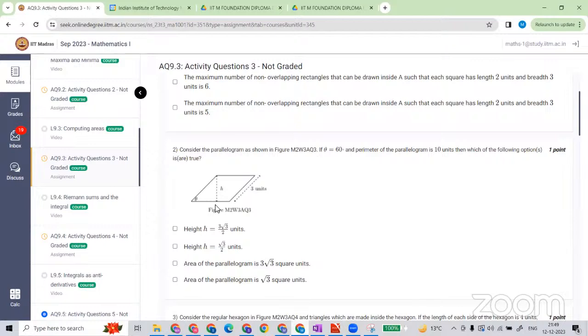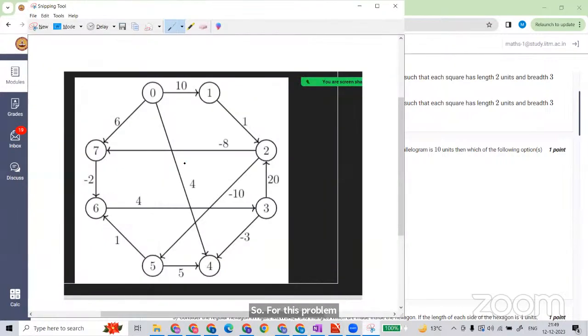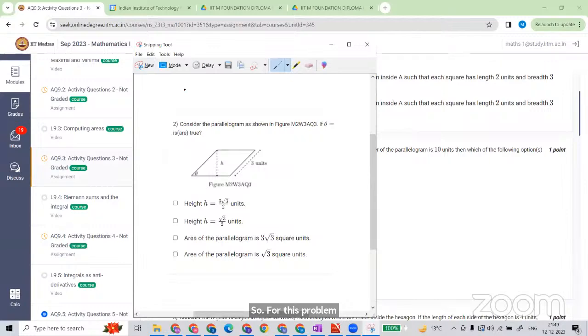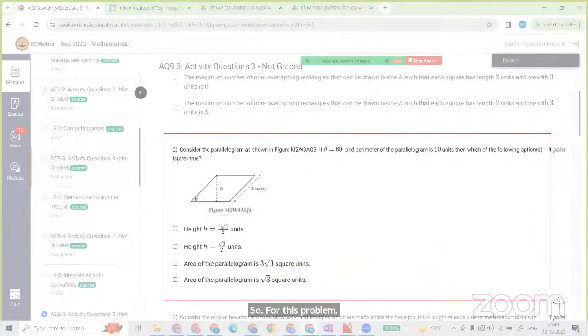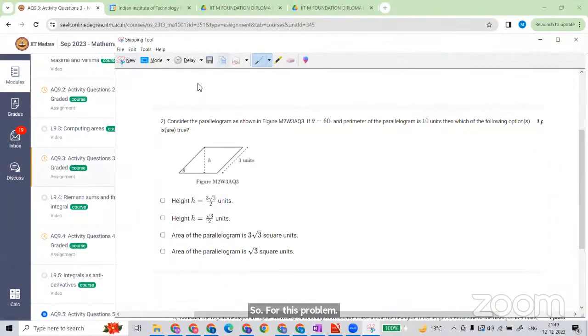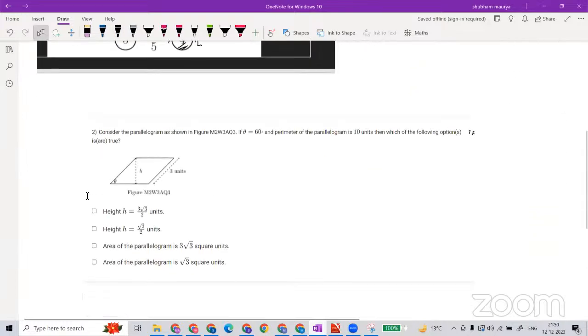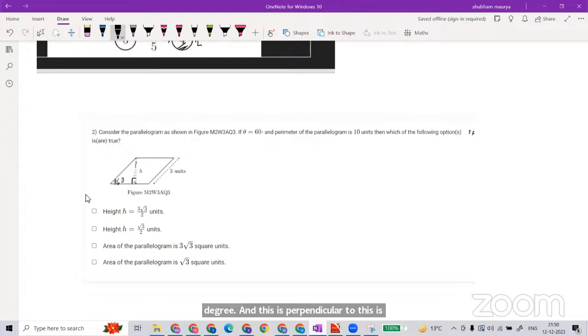So for this problem, here as it is given 60 degrees, right? So this theta is 60 degrees and this is perpendicular. So this is a right angle triangle, right? This is a right angle triangle. Yes, sir. Okay, this is one thing.